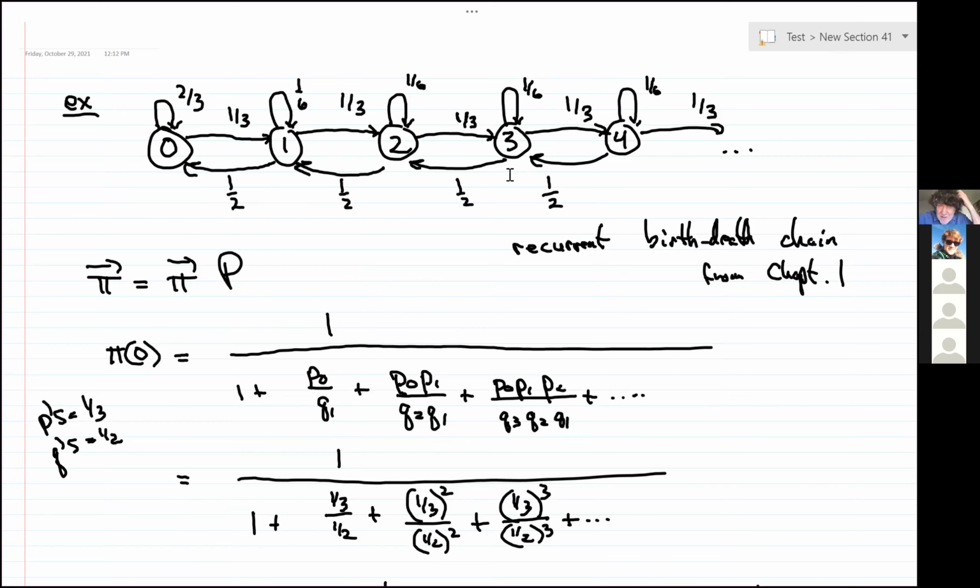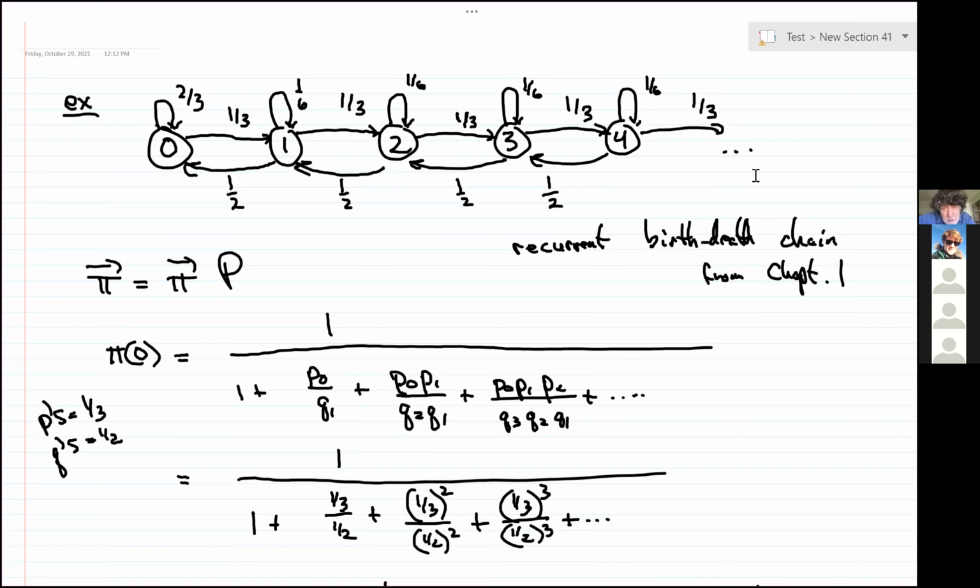Okay. What happens if I reverse the roles of the 1/3, 1/2? That is, what happens if the chance of going up is 1/2 and the chance of going down is 1/3? Well, again, by chapter 1, there's more of a push upward than downward. The original one had more of a push downward than upward.